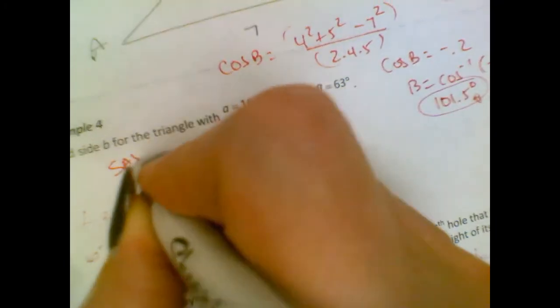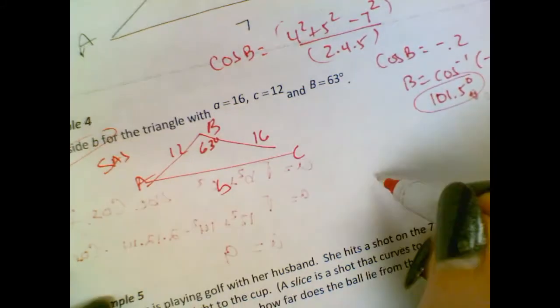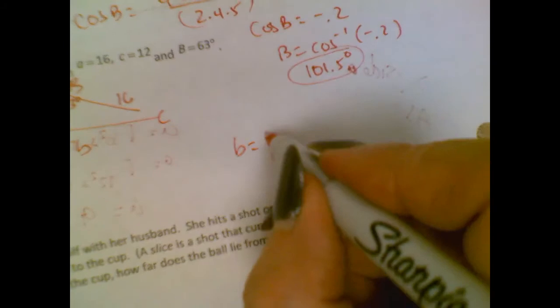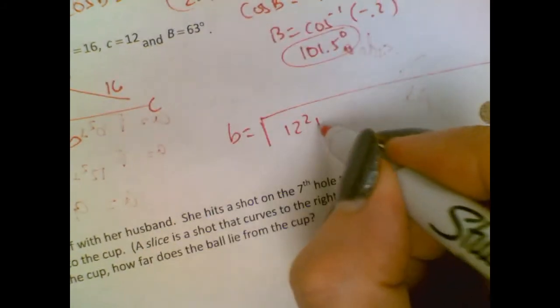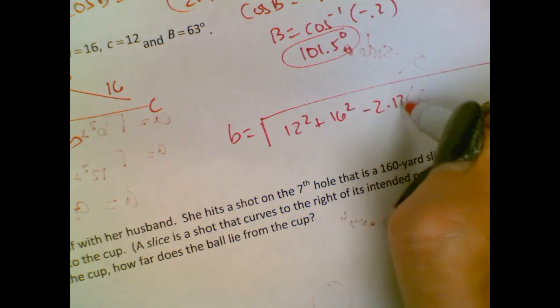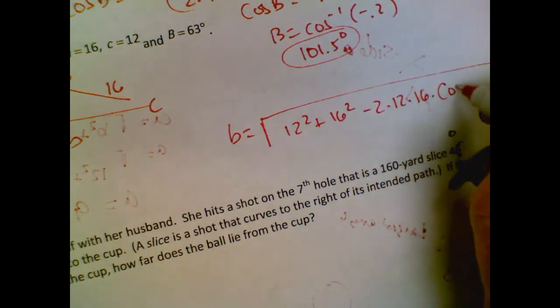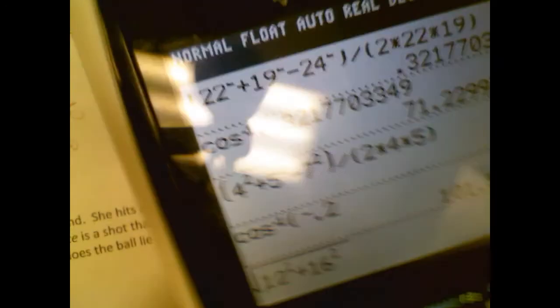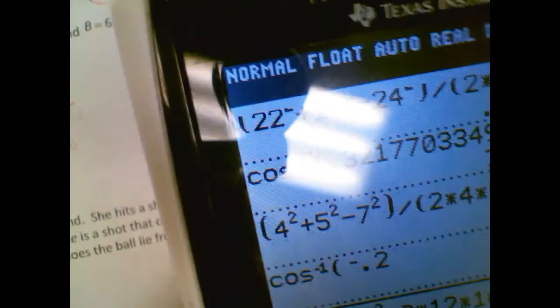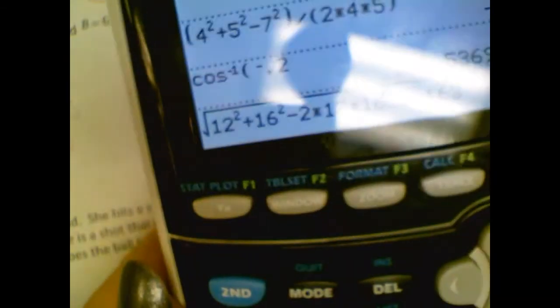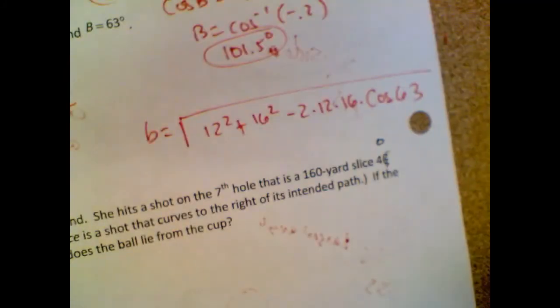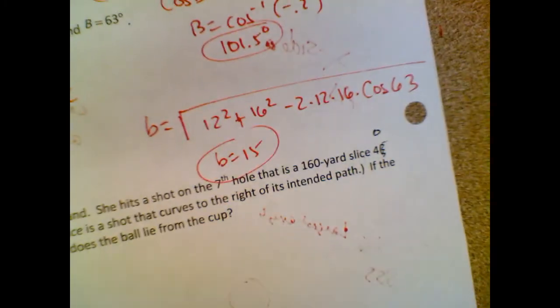This is an SAS, so you're going to solve for side B. So B is equal to the big square root of 12 squared plus 16 squared minus 2 times 12 times 16 times cosine of 63. Side B is 15.